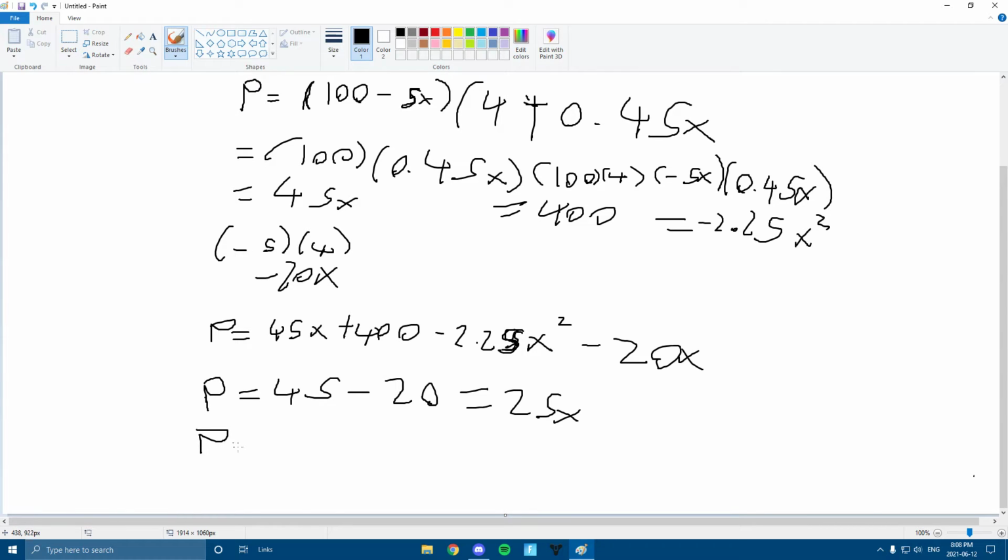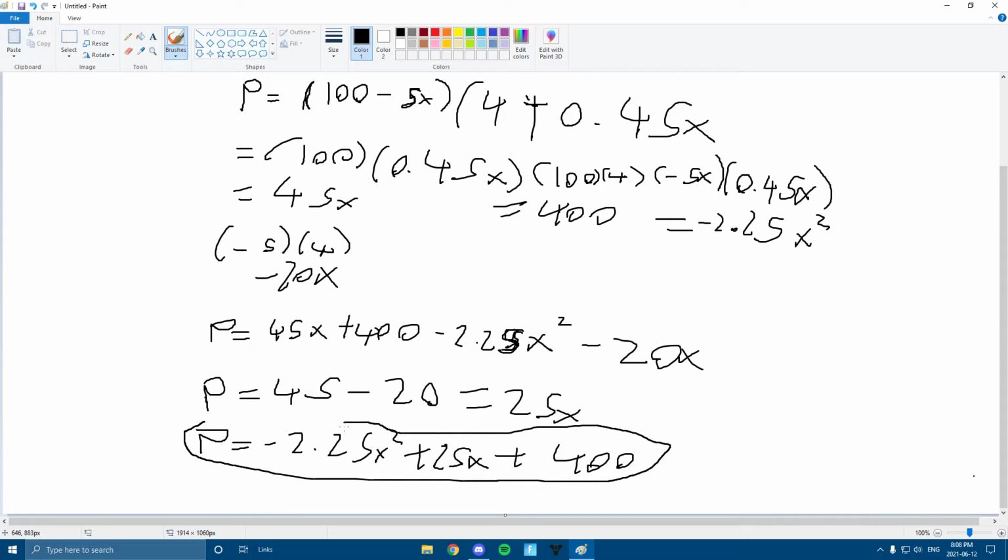So this is the new equation: negative 2.25x squared plus 25x plus 400. So this is the function that we got.